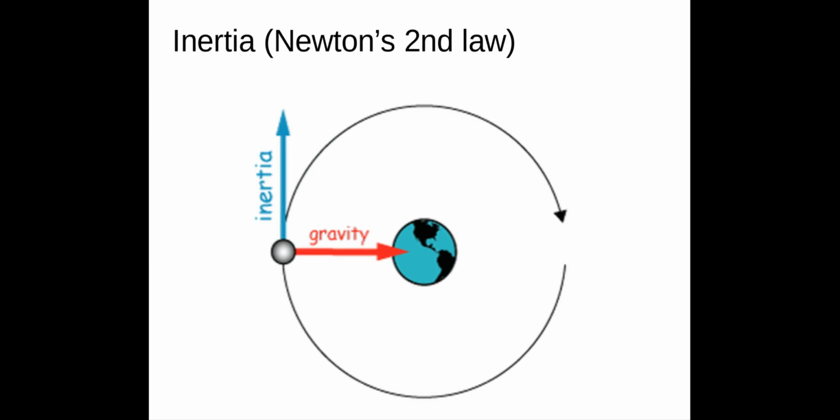Just like you feel a force pulling you outward on a merry-go-round, the water on the side away from the moon experiences that same type of force. It's not really a force, but a tendency of an object to continue in a straight line unless it's acted on by a force. That's Newton's second law. This is called inertia.